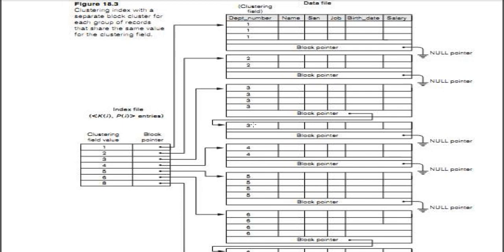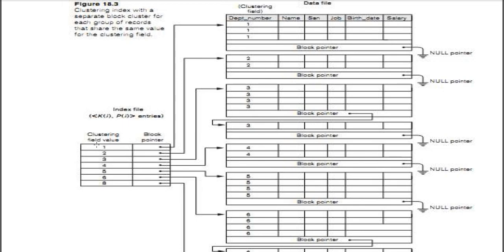In the case of three, there are so many employees who belong to department three, that's why there are multiple blocks here, and each block is linked to the others. So based on the department number, these records are clustered here, and then these are sorted in the index file.